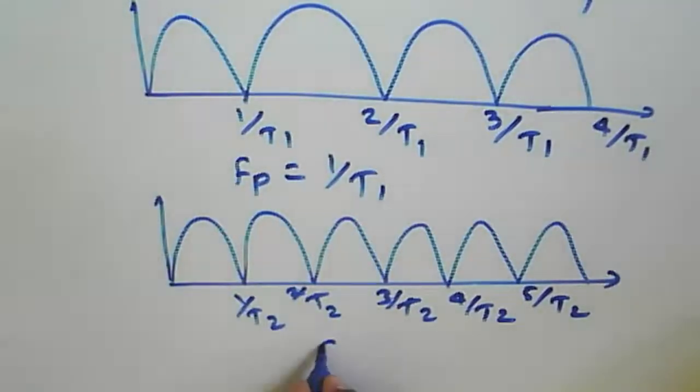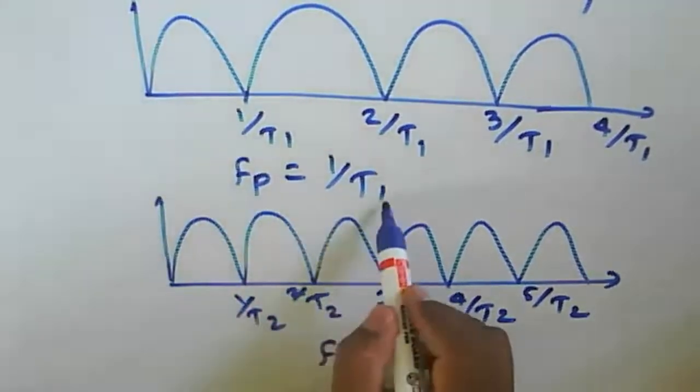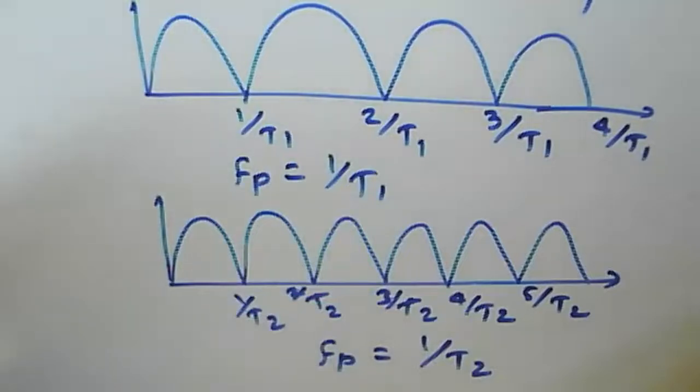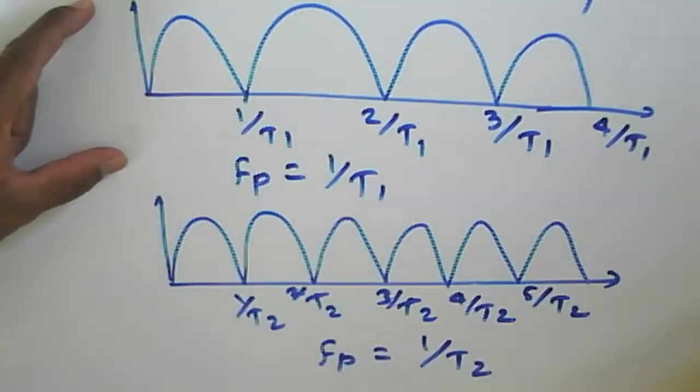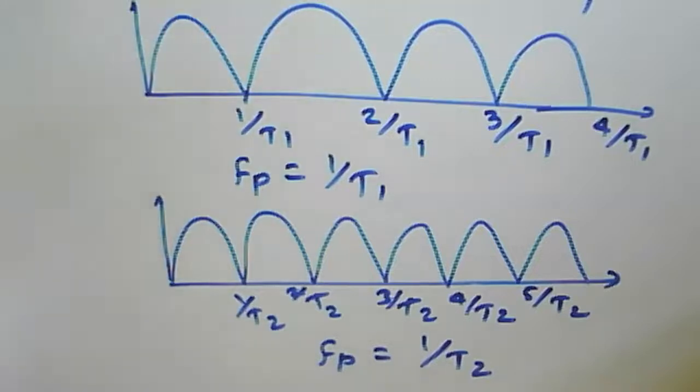So in that case, what will be the PRF? It will be 1 by T2. Here T1 is a pulse repetition time, and T2 is again a pulse repetition time.